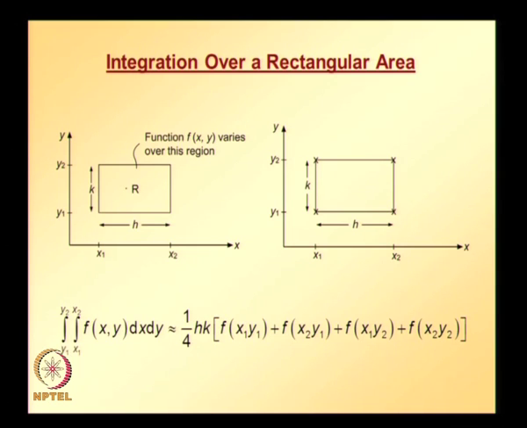If you recall trapezium rule, this is basically applying trapezium rule in both directions, and taking the Cartesian product of that results in this equation.